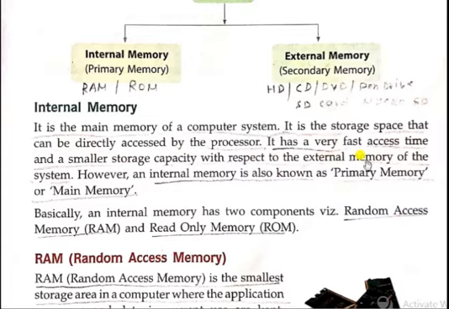Every computer comes with a certain amount of primary memory. This memory is limited and information stored in this memory gets erased when we turn off the computer. That's why it is called temporary memory. It provides temporary storage of small size data.